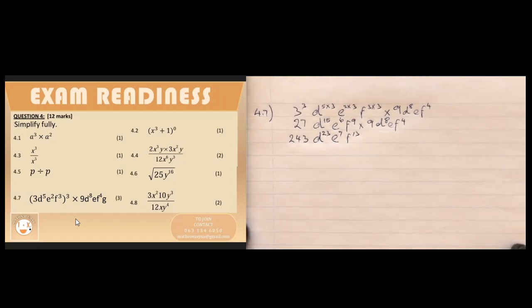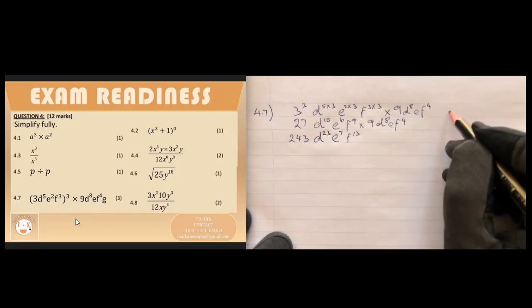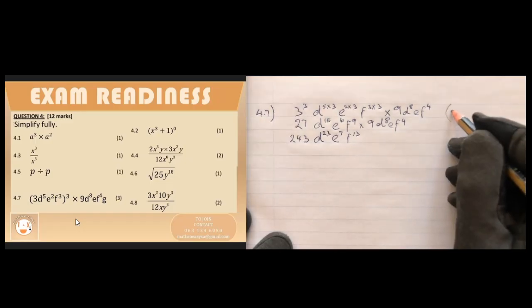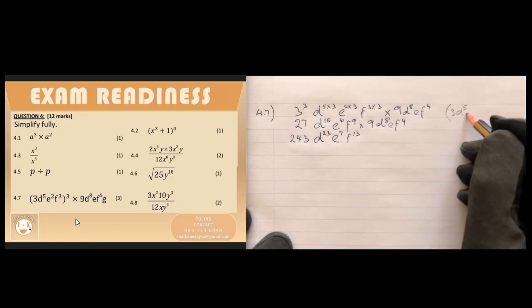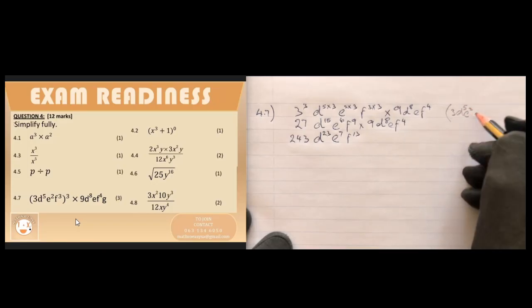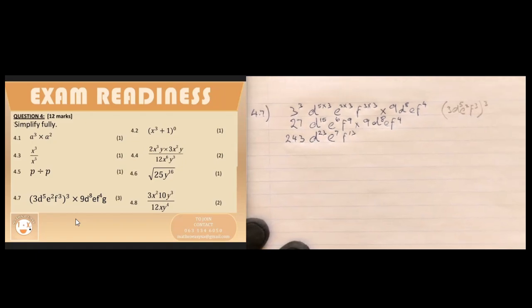Okay. Right, so let's go through each one step by step, member, so that we are comfortable with what is happening here. So here, what did we have? We had this bracket, 3, D to the 5, E to the 2, and then F to the 3. And all of them are raised to 3.